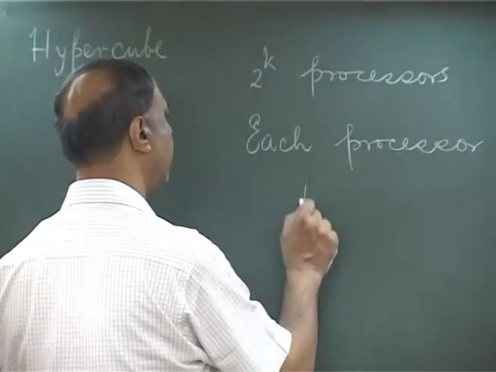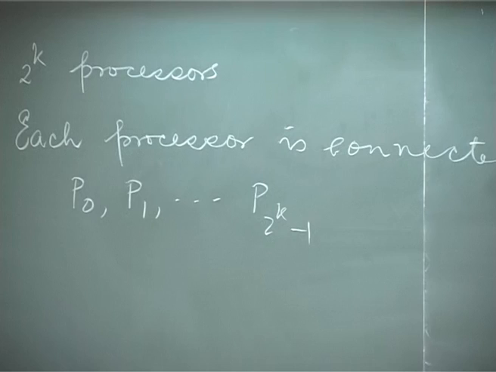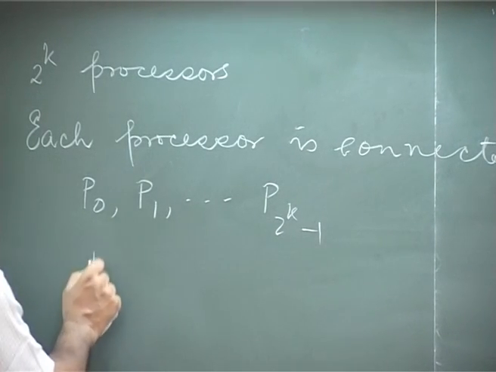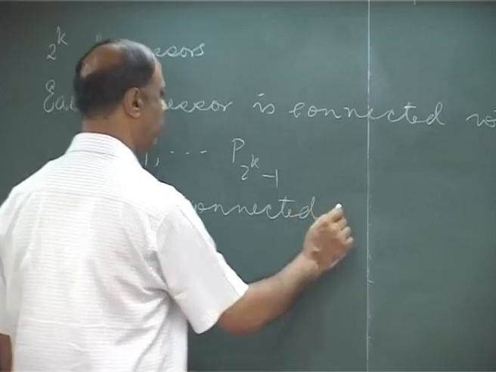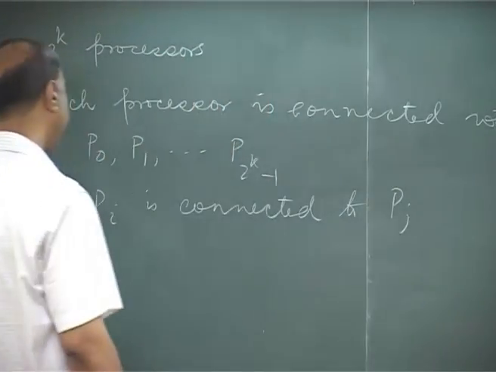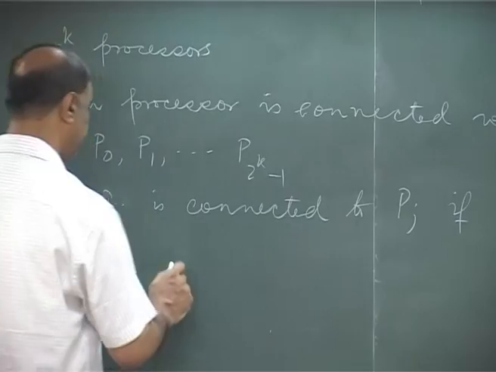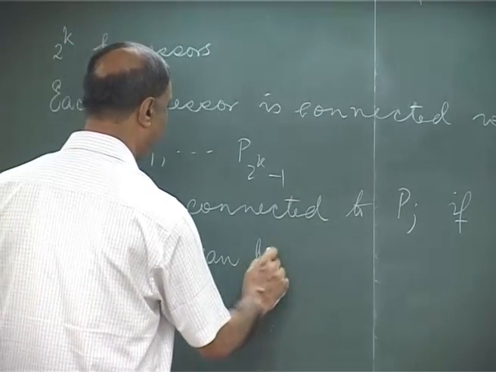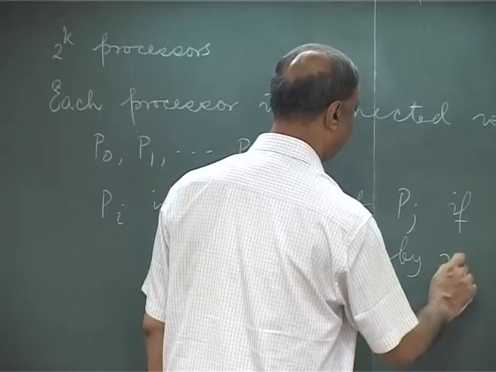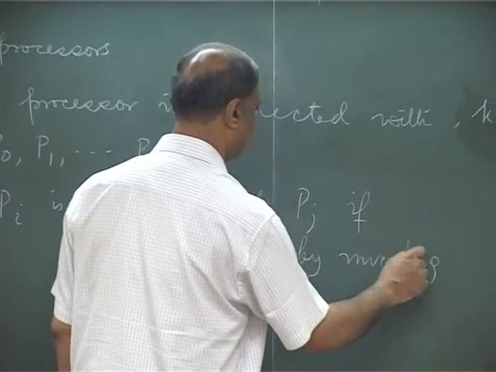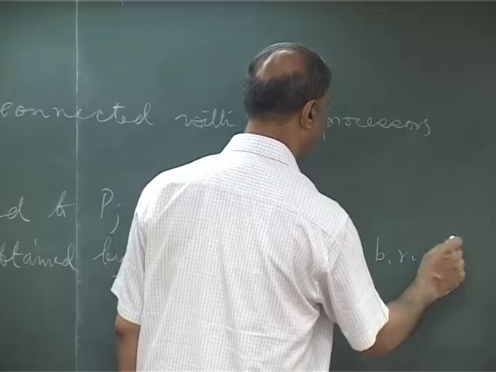Now say P0, P1, up to P2 to the power k minus 1 are the indices of the processors, and Pi is connected to Pj if j can be obtained by inverting a bit of the binary representation of i.